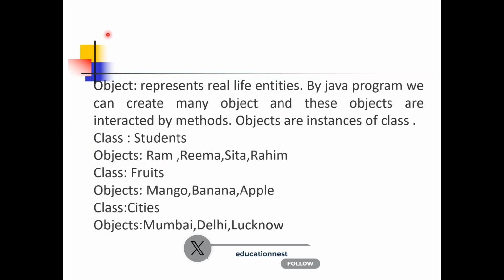Objects mean real life entities. By a Java program, we can create many objects and these objects interact through the methods. So objects are instances of classes. For example, if the class is student, then objects can be many: Ram, Rima, Sita, Reema, X, Y, Z, etc. So for one class, so many objects.